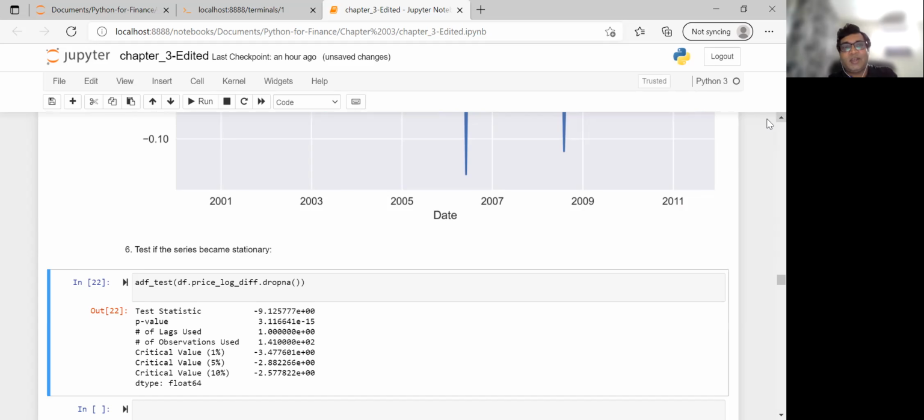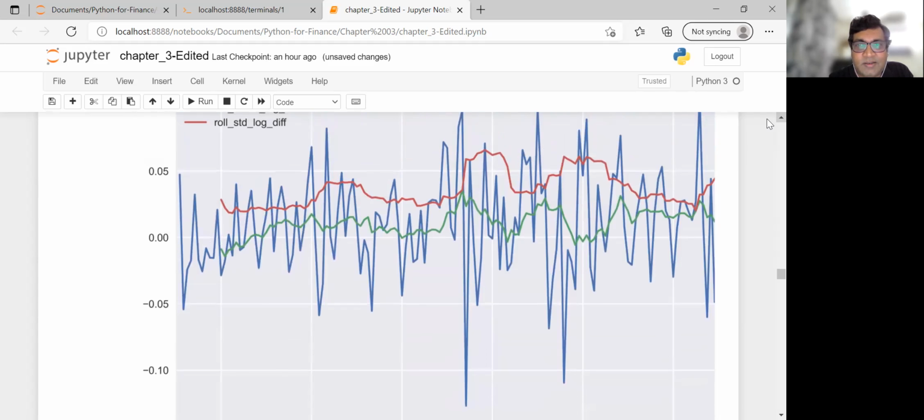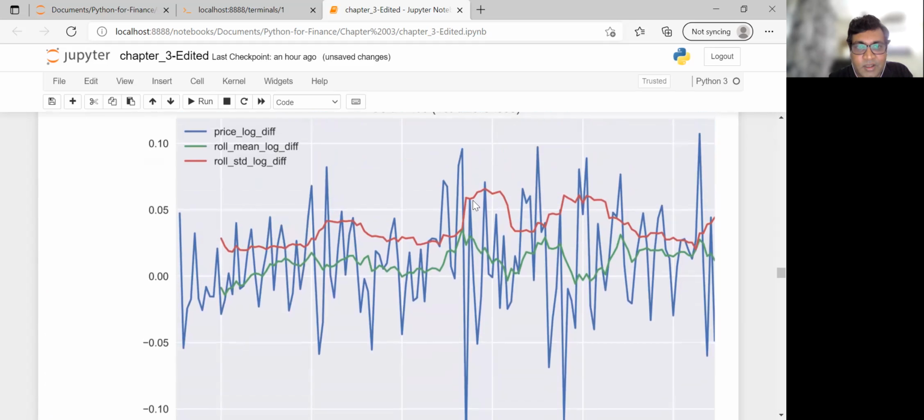Okay, so we are able to achieve our stationary time series now. Once we know this is a stationary time series, we can do prediction on this. And whatever differences we applied, we can account for them in the prediction and accordingly get the final price. But all of that is something we have ARIMA models for. We will be covering that maybe in the next few sessions.